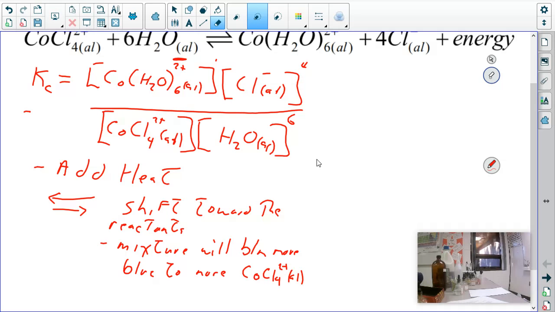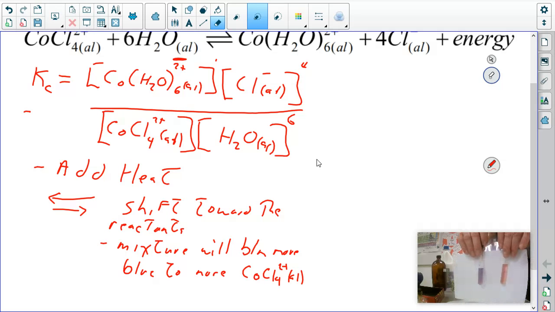And we should see a change in color with this. So if I compare to my equilibrium mixture, this one here is significantly more blue than the mixture that is at room temperature right now.